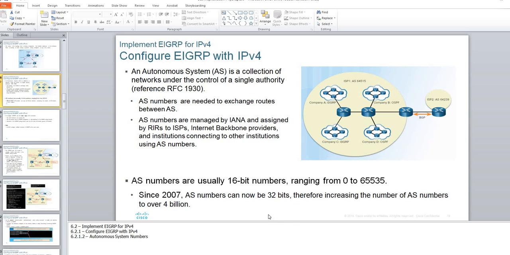Usually it's a 16-bit number, ranging from 0 to 65,535. Since 2007, the number of bits has been increased to 32 bits, so now we can have AS numbers over 4 billion.